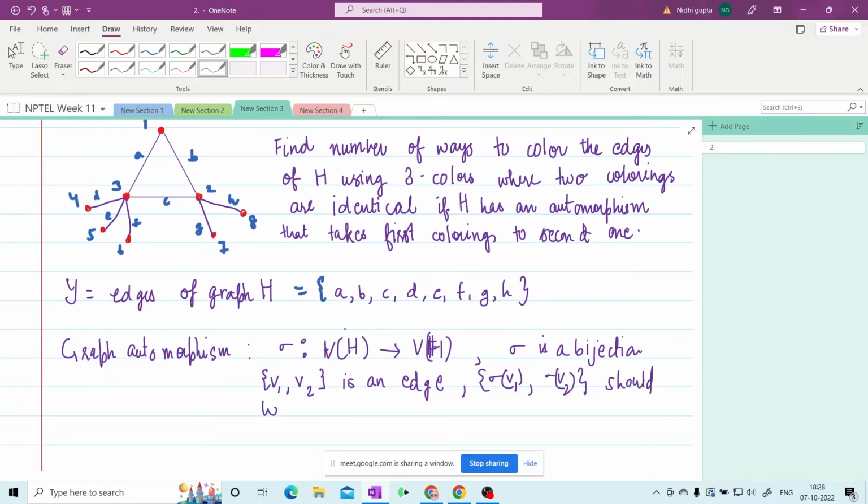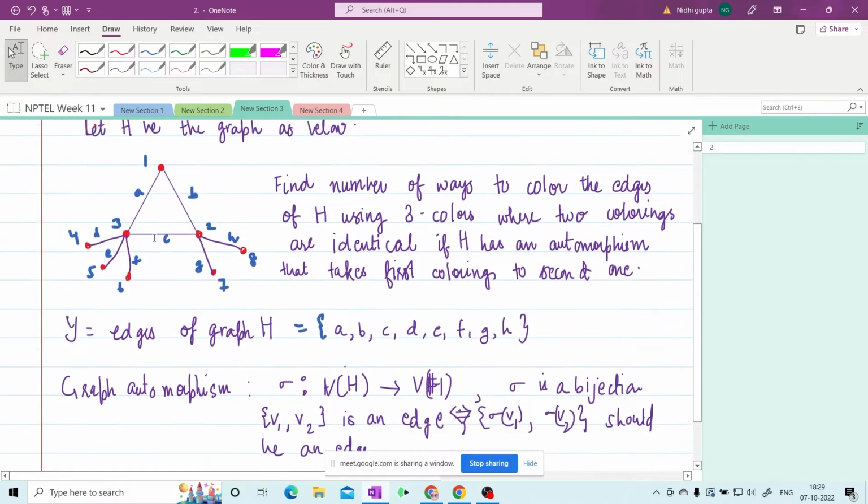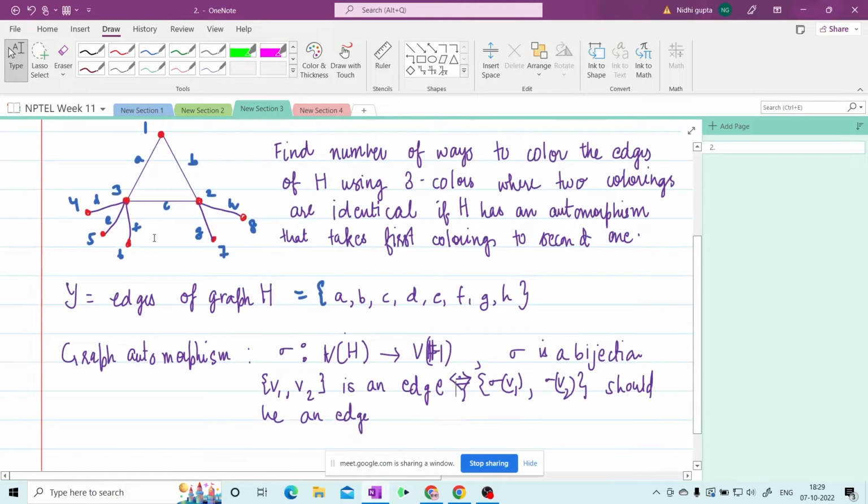So if we can set up a bijection between vertices in such a manner that whenever v1 v2 is an edge, sigma v1 sigma v2 is also an edge, this will give us an automorphism of H. So now we are saying that two colorings on this set of edges are the same if one coloring can be obtained from the other via this automorphism.